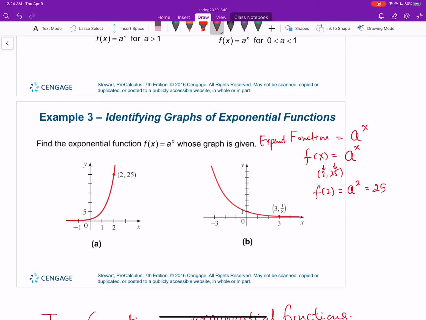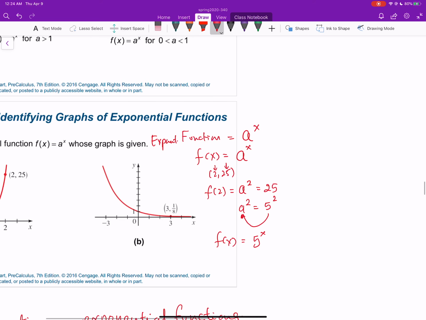Now we're going to apply some of your exponential rules over here. So here a squared is equal to 5 squared. So since the powers are the same, it must mean that a was what? a was 5. So your function is going to be 5 raised to the x.